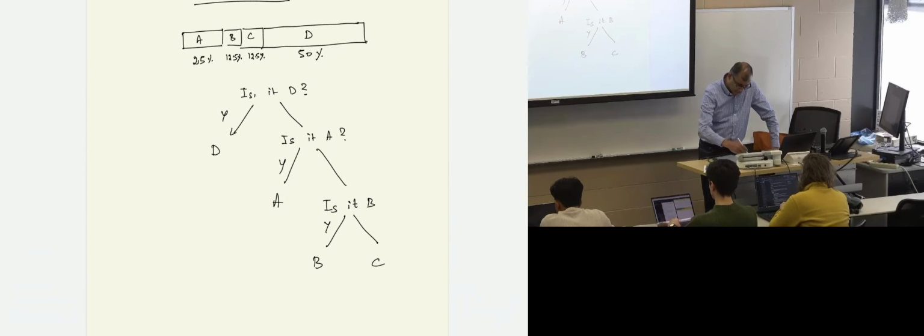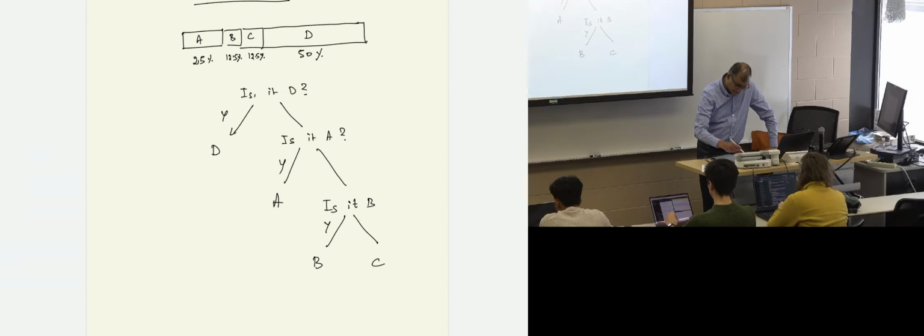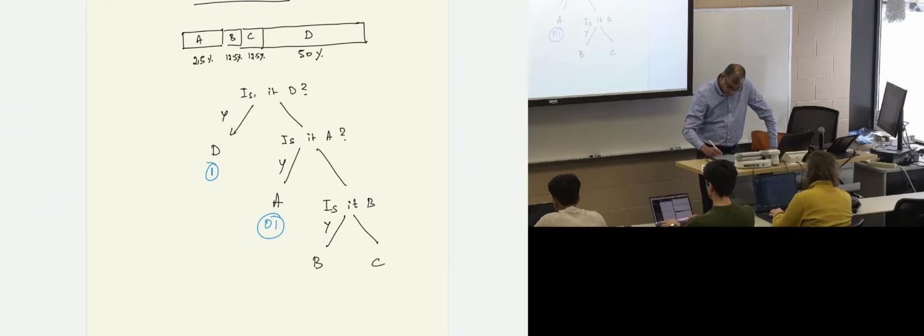So the very simple way of coding this or sending signals is by saying, okay, I want to assign D a code of 1, and A a code of 0, 1, because this was already a 1, and that's a no, and that no is a 0, and then the yes is a 1. And B would be a 0, 0, 1, and C would be a 0, 0, 0.